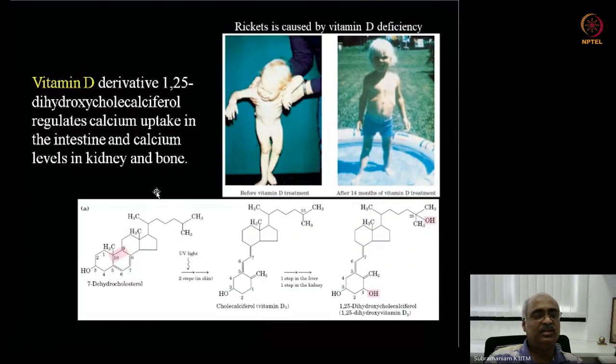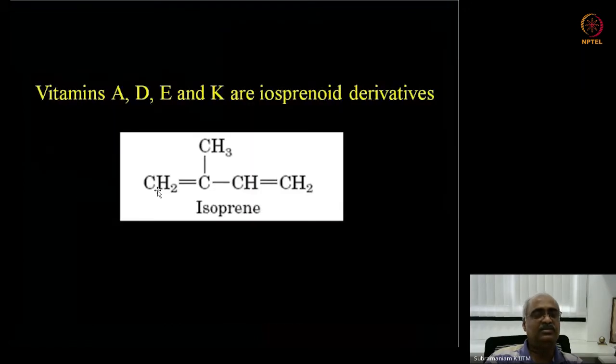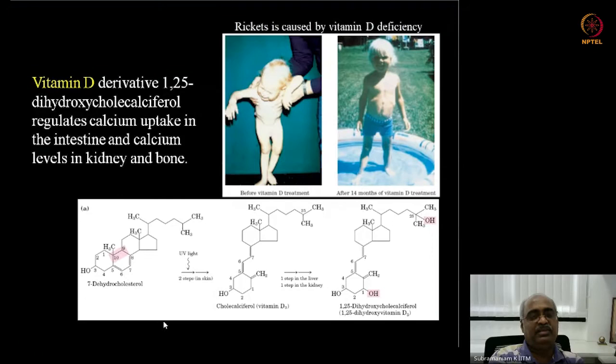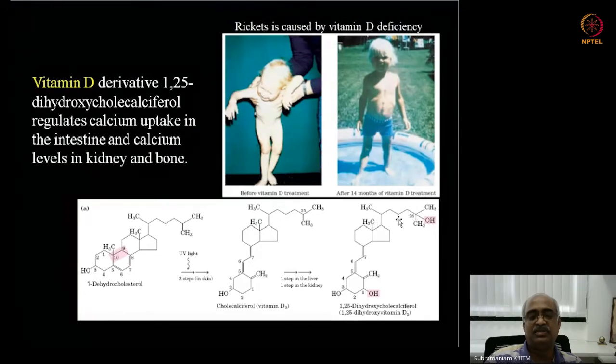The first one we have is D. Vitamin D in its active form is shown here on the right. Carbon 1 here and carbon 25 here have hydroxyl groups, so it is 1,25-dihydroxy.